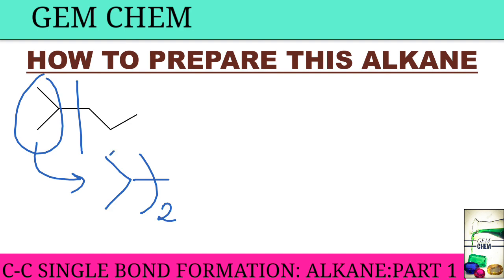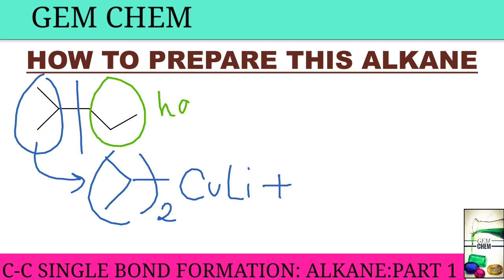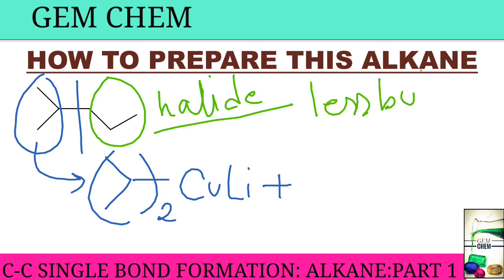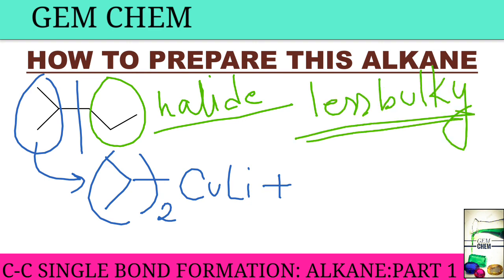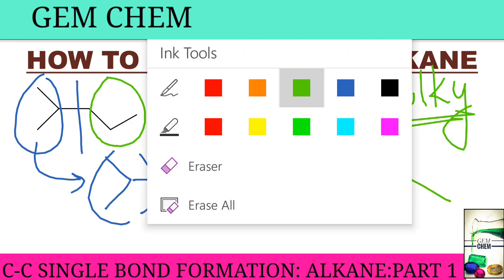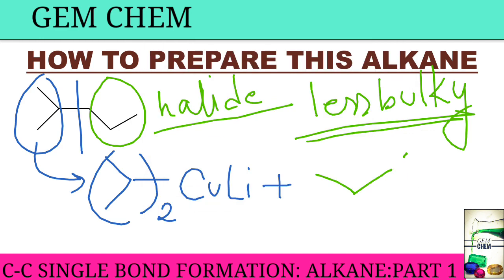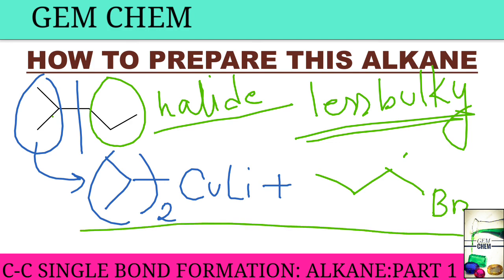So we take it as CuLi plus this part is taken as halide, right? Because it is less bulky. So these reagents are required for preparation of this alkane. On using these reagents, we get this product. That is, this is our desired product.